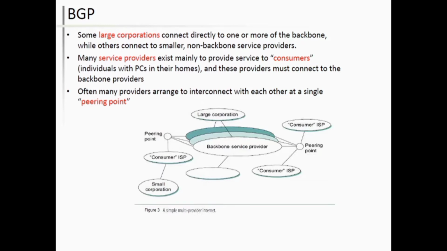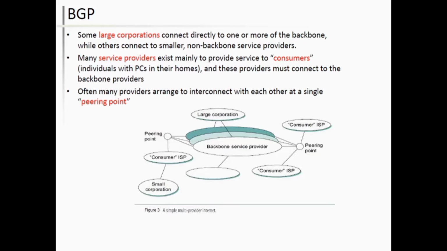Today's internet consists of a richly interconnected set of networks, mostly operated by private companies, that is ISPs, Internet Service Providers, rather than governments.